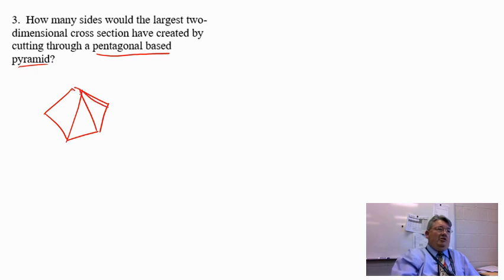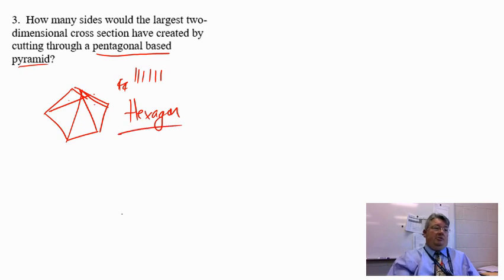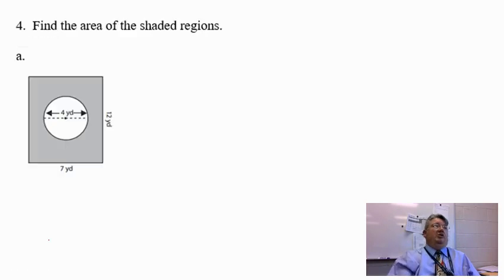Well, a pentagonal pyramid has 1, 2, 3, 4, 5 lateral sides, and then it has the base, that makes 6 sides. It is possible to get something that cuts through all 6 sides, and 6 sides makes a hexagon. So that's possible. Make a hexagon out of it.